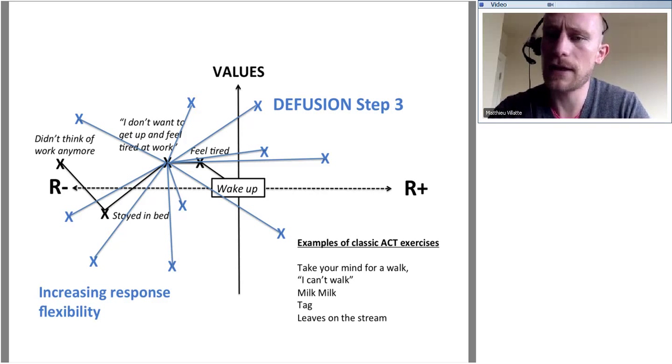For example, a client might say, "Oh, I was really close to not coming today because I was too tired, or I didn't want to talk about all this, and I almost... I was in the waiting room and I left, I went back to the car, and then I came back." That's interesting to notice because that's an instance of diffusion, right? It means that the client had some thoughts telling her or him to leave or to not come, but they still came.